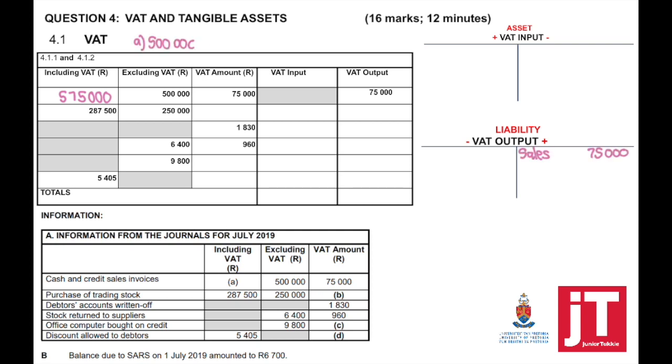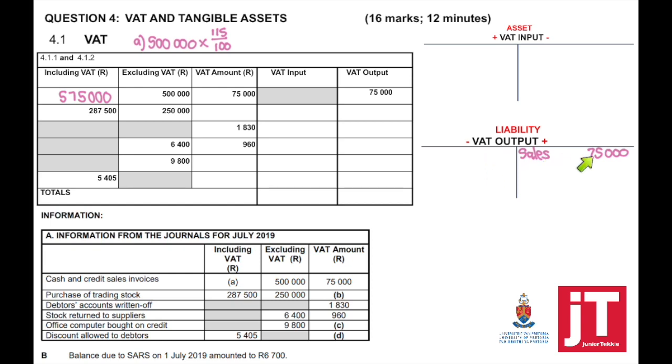Alternatively, you should know that if the amount excluding VAT is given and we want to find the amount including VAT, we would say times 115 divided by 100, and you will get the same amount. If they, for example, provide you with the VAT amount and you need to find including VAT, you would take the VAT amount, 75,000, and then we will say times 115 divided by 15.